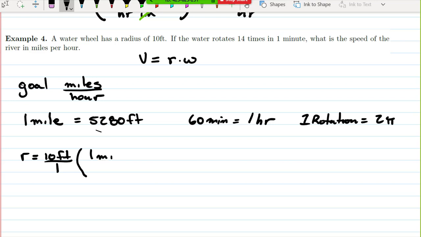So I get 1 mile divided by 5,280 feet. And the feet reduce out. And 10 goes into 5,280, 528 times. So we get 1 mile over 528 is our radius. So 10 feet is 1/528th of a mile.